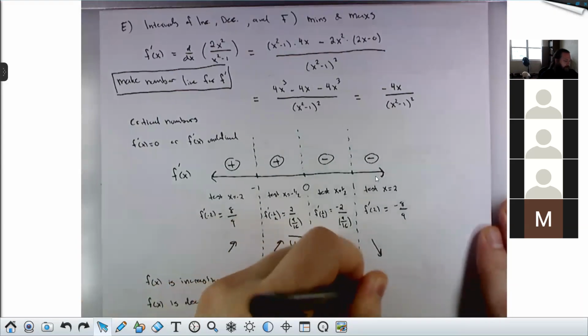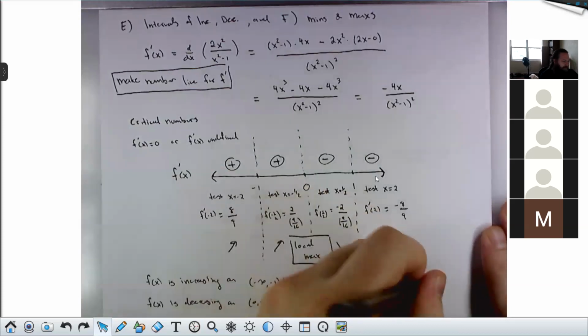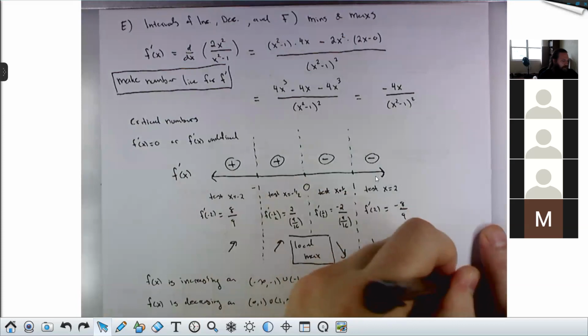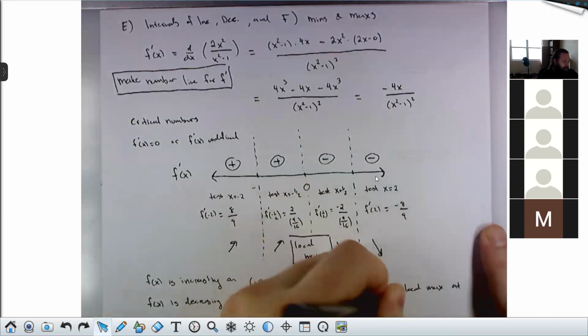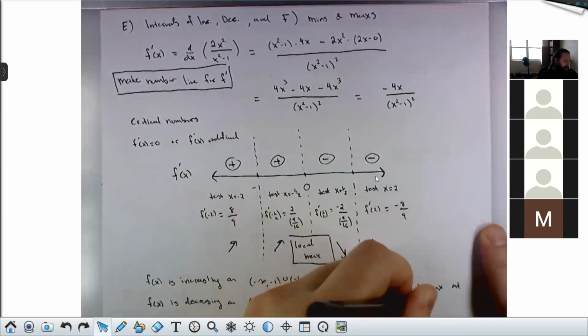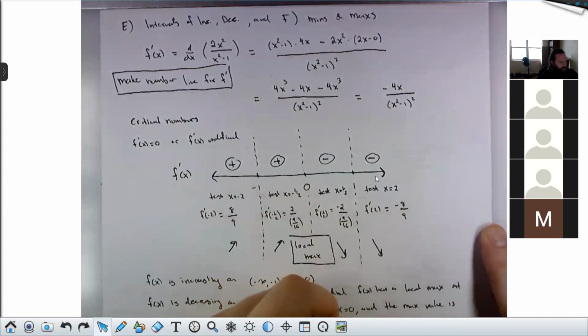f of x has a local max at x equals 0. And what is that max value? Well, it's the y value on the graph there, f of 0, which we found earlier, but we can double check.